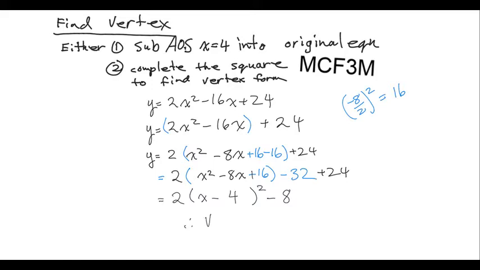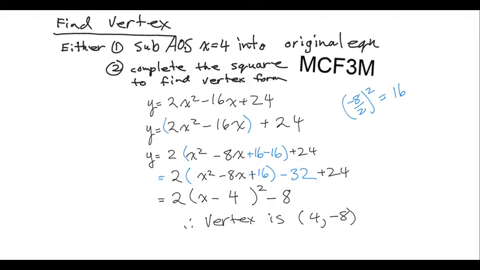Therefore, the vertex is, well, 4, negative 8. Remember that the inside of this bracket is opposite worlds. So instead of being negative 4, our x value is 4, and the outside stays normal.